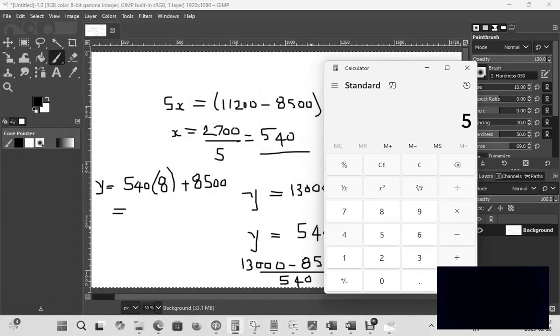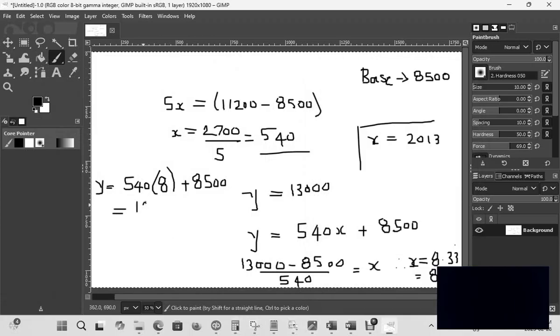So 540 into 8 plus 8,500 gives you 12,820 students. If you had used 8.33, you would have arrived at a solution closer to 13,000 students. This is approximately 13,000 students for verification purposes. So this is basically how you figure out the total number of students.